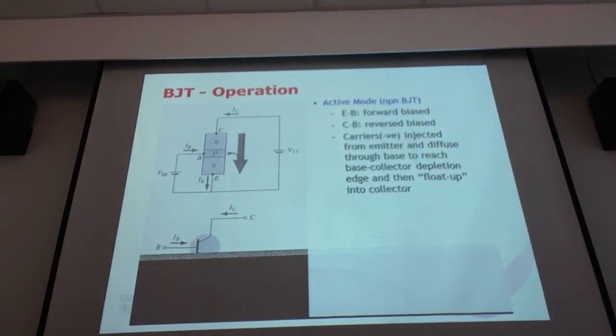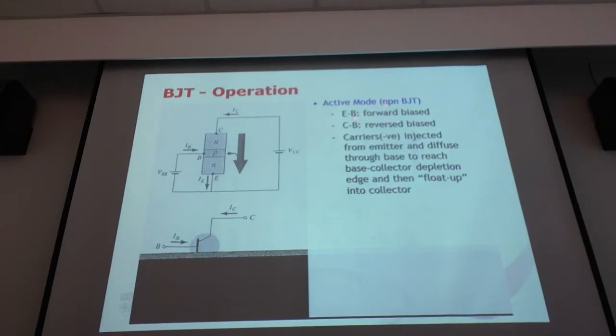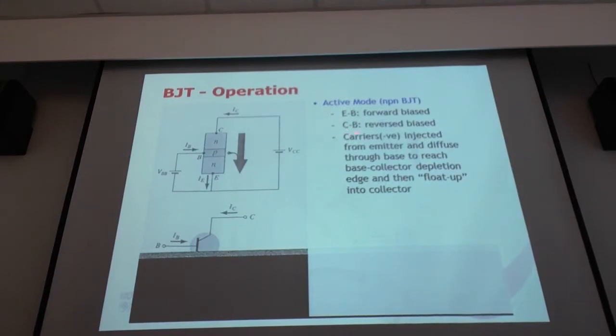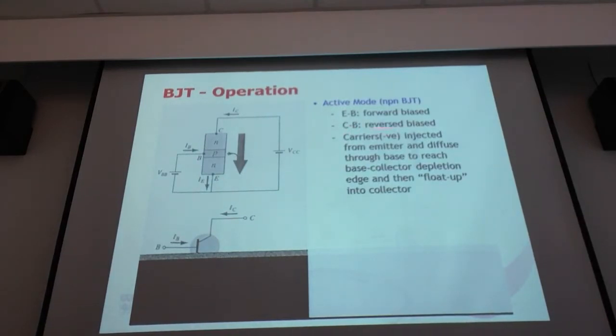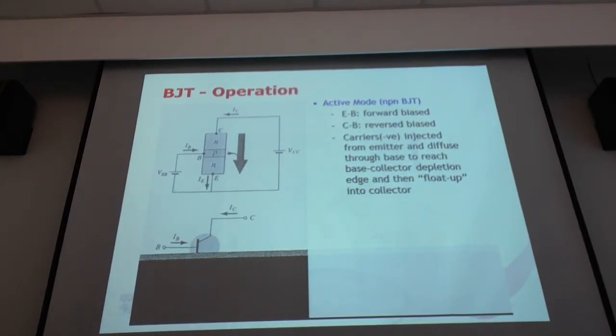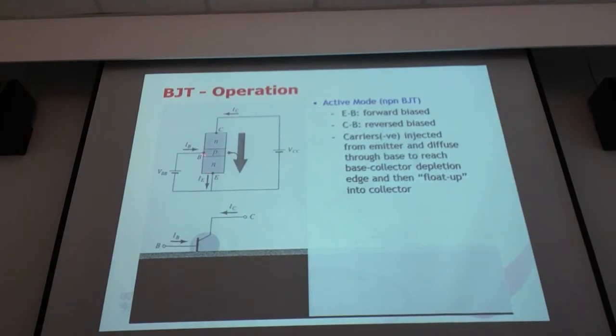So for the active mode, the emitter with base interface is forward biased, and the collector base is reverse biased. It is reverse biased, but it doesn't affect the current here because it is just collecting the electrons here instead of emitting.